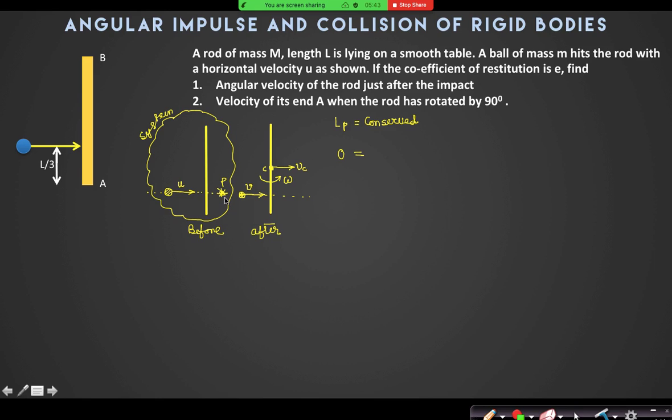As the point is external to the body, we'll use the formula angular momentum is equal to Ic omega plus m r cross Vc, right? What is the angular momentum of the ball about this point P? Is it still 0?